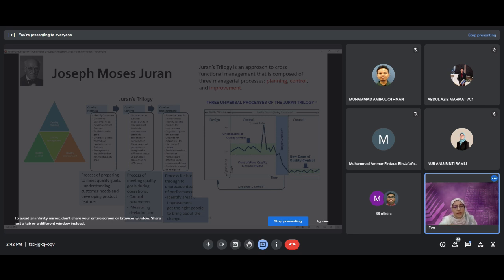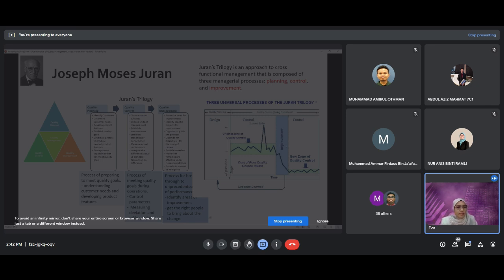So this is how Juran described the planning in the trilogy, Juran's trilogy approach. When the management has successfully improved the process, the lesson is learned, and this is used in the next project.